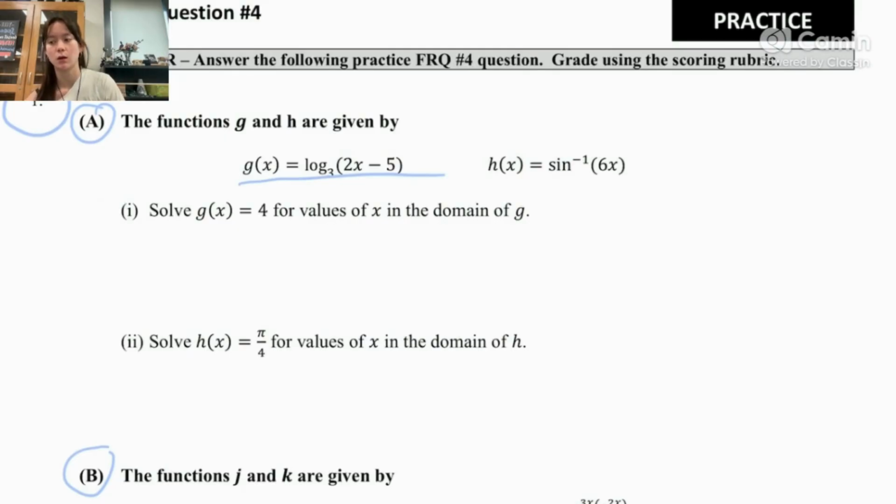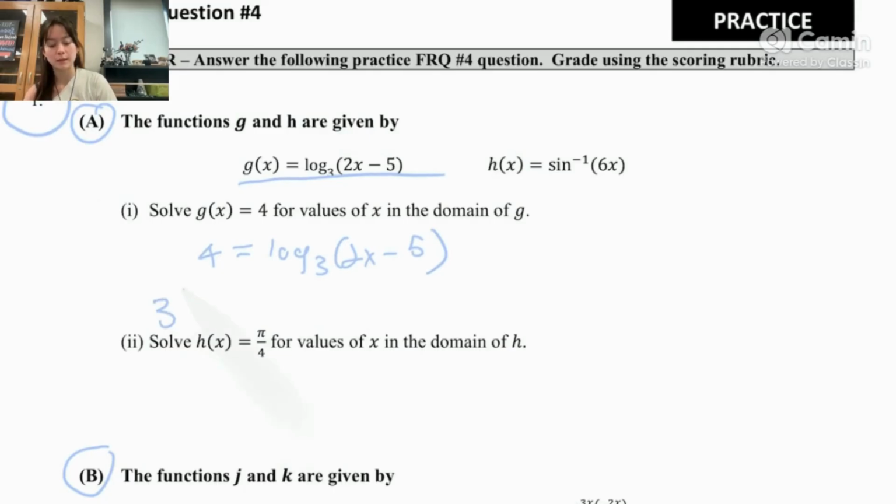In order to solve for a certain number, we have to find the x value. So, here we're going to do 4 equals log base 3 of 2x minus 5. By applying g of x to 4, we have to get rid of the log base 3 somehow.